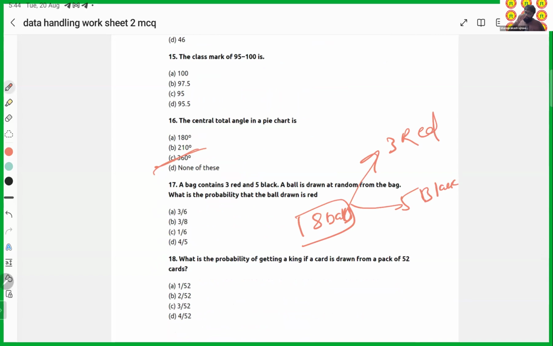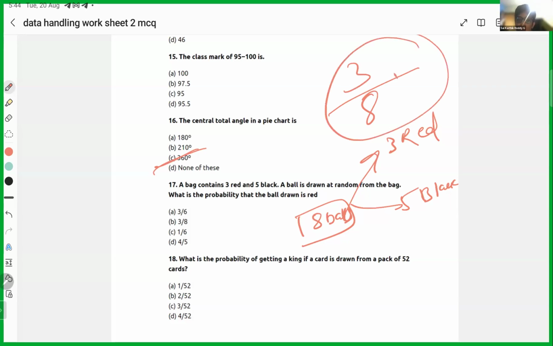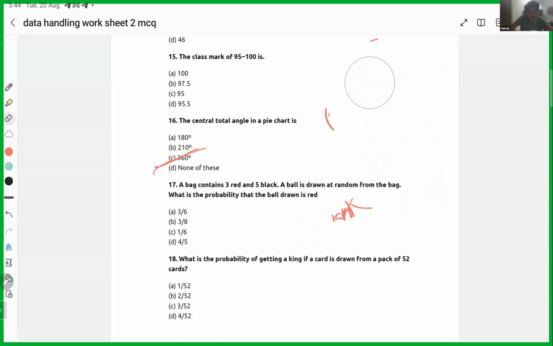What is the total number of outcomes here? 8, sir. Total number of outcomes means when you keep picking, in 8 picks, as there are 3 red balls, 3 by 8 is the answer. Why? Because the expected outcome should be red. The total number of expected outcomes is 3 reds. So 3 by 8. Any doubt in this? No, sir.